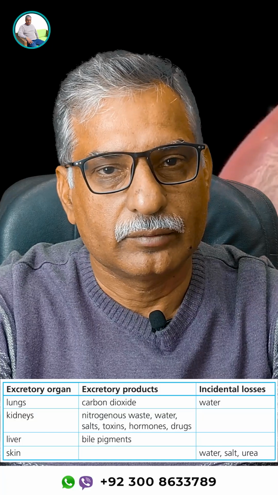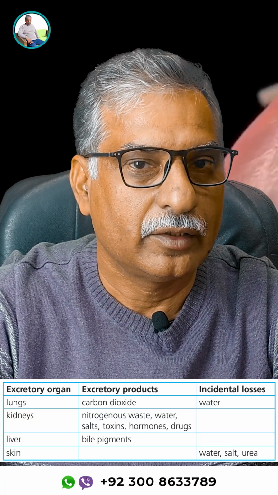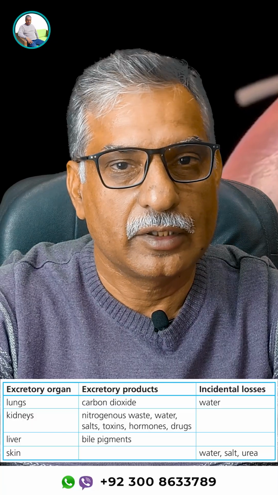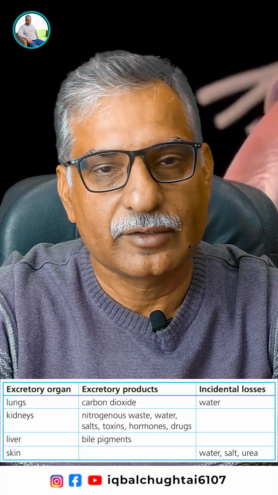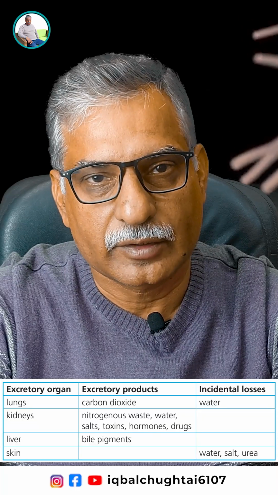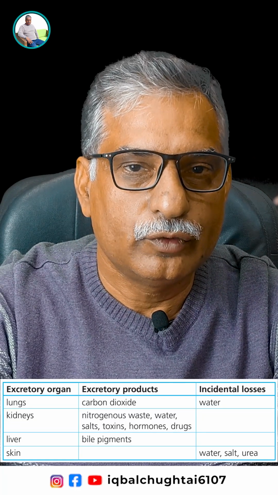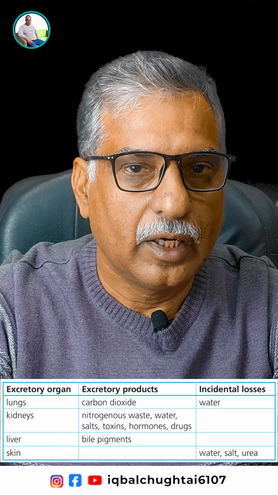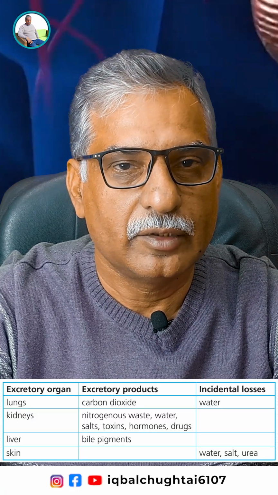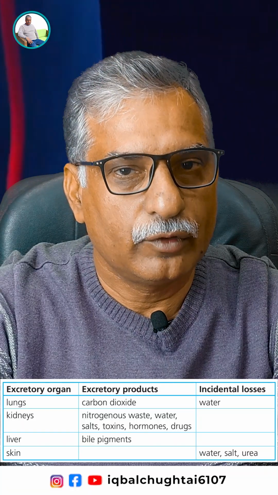Excess water. So I'm using the word excess water. Water is our requirement, but if its concentration is in excess, the excess water will be taken as metabolic waste. Water is added into our body through food, drinks, or respiration that takes place in our body. So that also adds water to the body fluids.